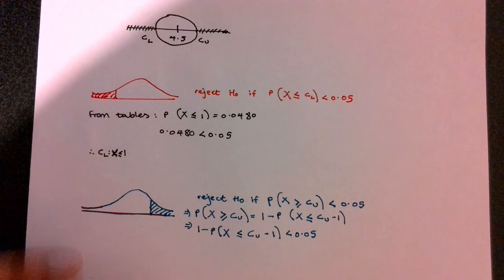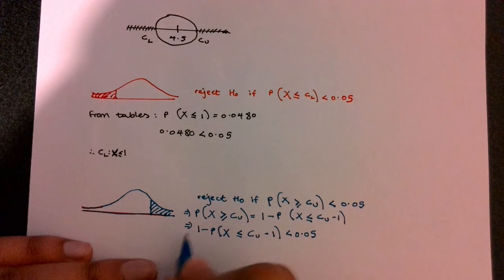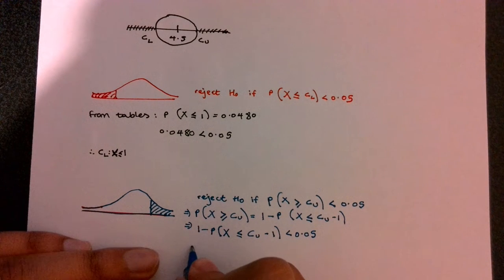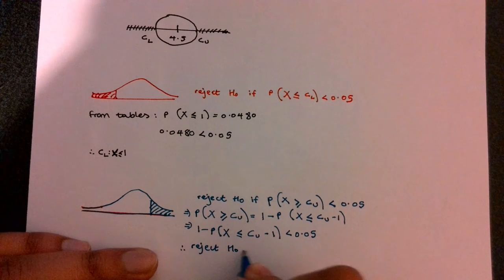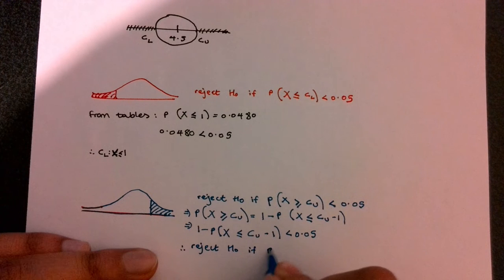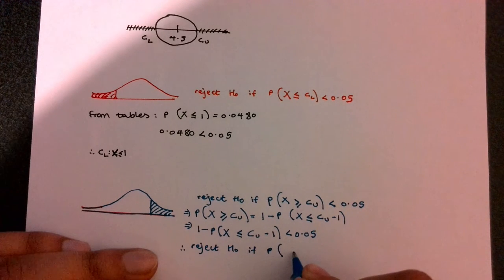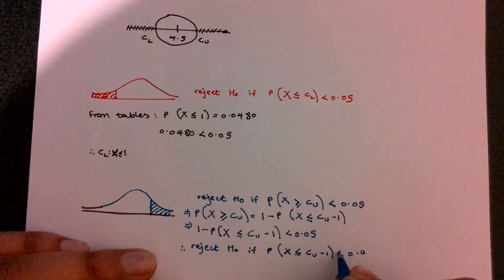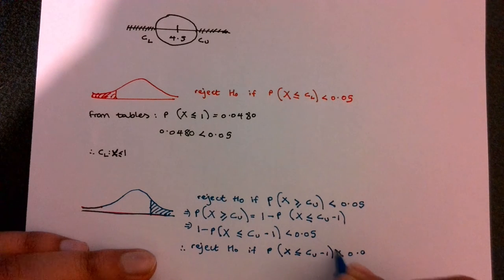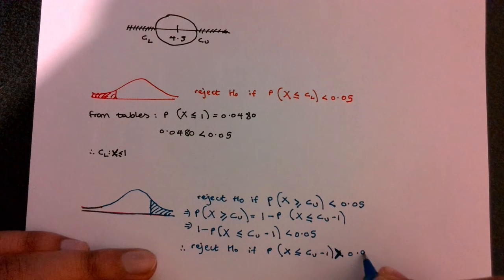If we rearrange this, we can therefore reject H0 if the probability that x is less than or equal to Cu minus 1 is greater than 0.95.